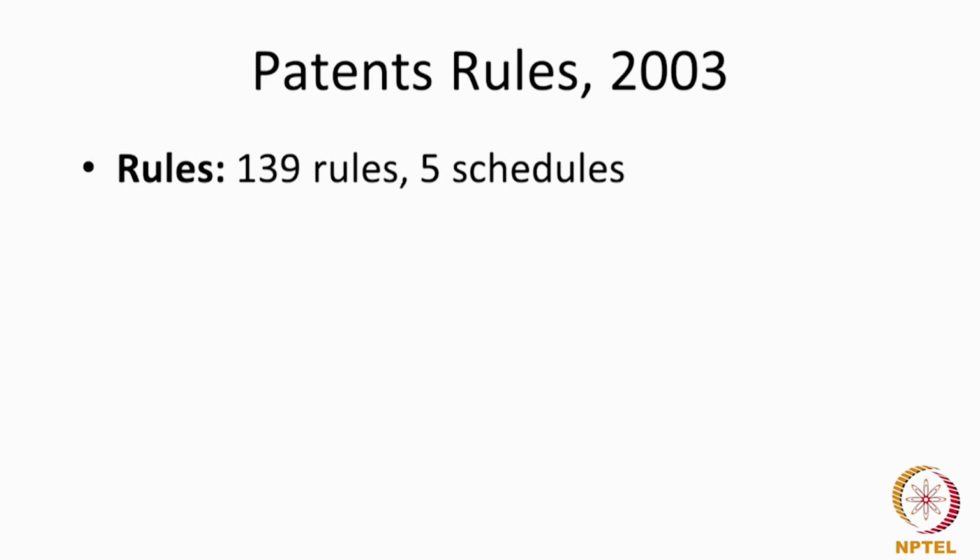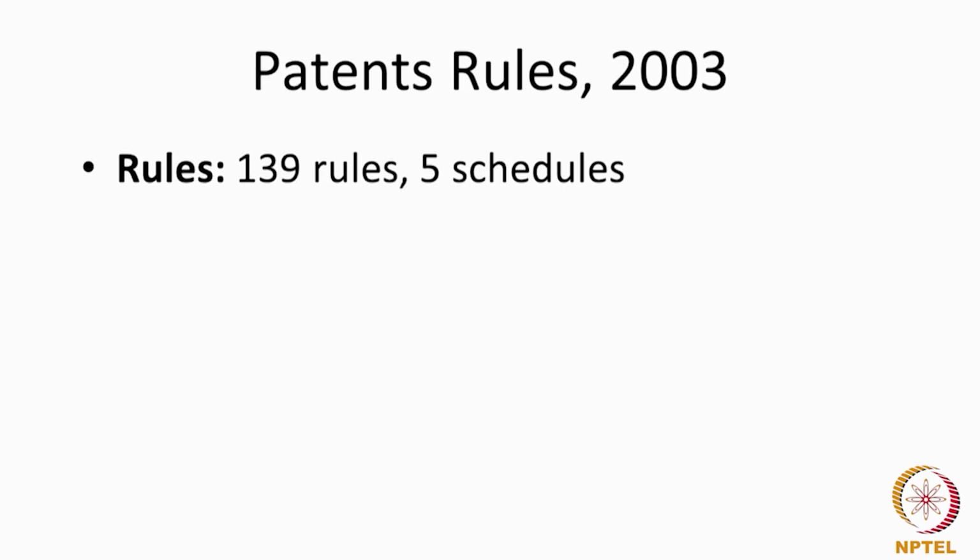The Patents Act also has one schedule, but that one schedule refers to the amendments to the Indian Patents and Designs Act 1911. That schedule refers to the repeal and savings provision. So, that is not something to worry about.